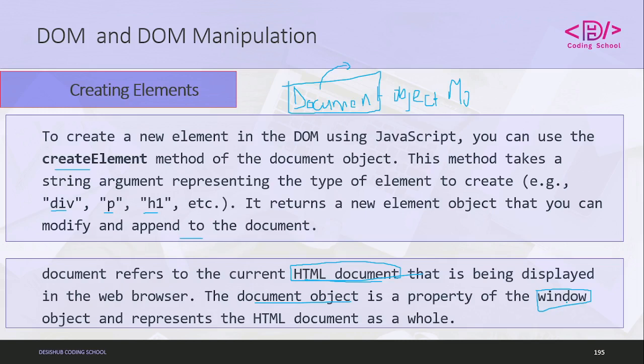So the window is on a higher level than the document, and represents the HTML document as a whole. So you can see even the window is still referring to the HTML document, but it is on top.